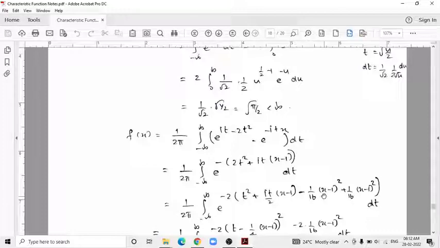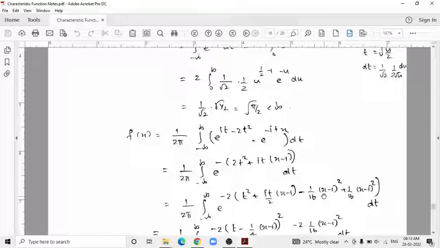Then only we can make it a symmetric integrand, and then we can transform easily to a gamma integral. So that's why we are adding and subtracting a term like 1 by 16 into x minus 1 square, and the term to be added and subtracted can be identified by having a close watch on the terms inside the bracket of the exponential, that is e raised to minus 2t square plus it into x minus 1.